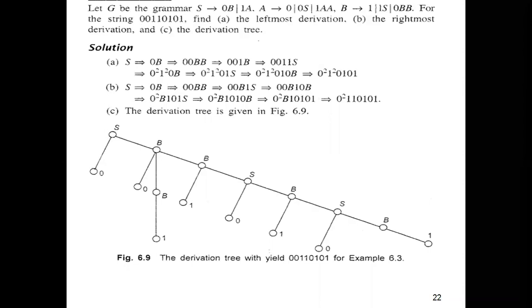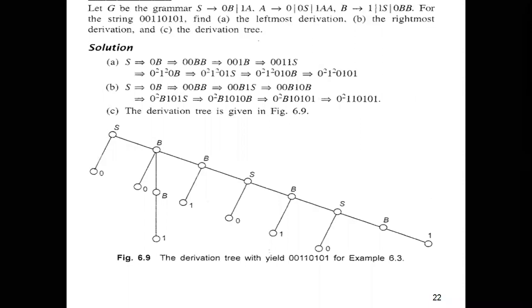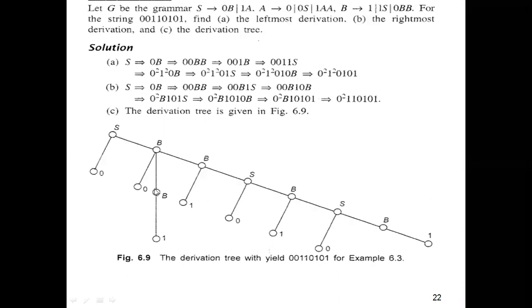You can show the derivation tree for both the leftmost and rightmost derivations, but initially I'm showing it for the leftmost derivation here. S tends to 0B. In the place of this B, I substitute 0B. In the place of this B, I substitute 0BB. Right.